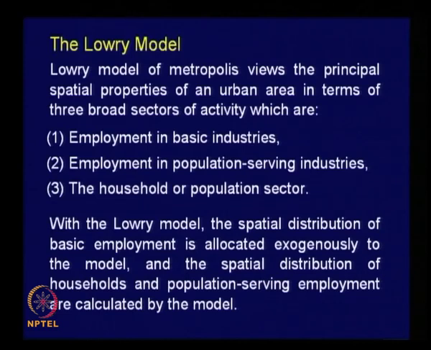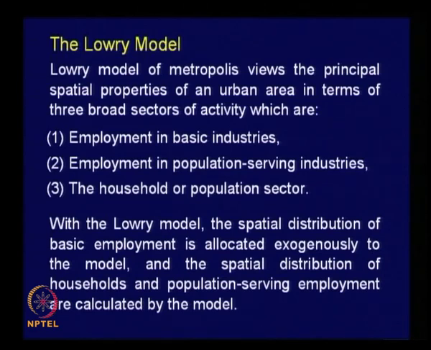And we also know now at this stage, as per Lowry's model, the spatial distribution of basic employment is allocated exogenously to the model. What do you understand by allocating exogenously? We allocate spatial distribution of basic employment. I think you are clear about the term basic employment.